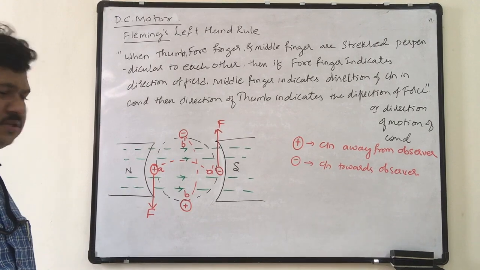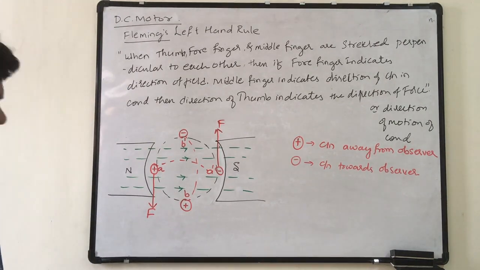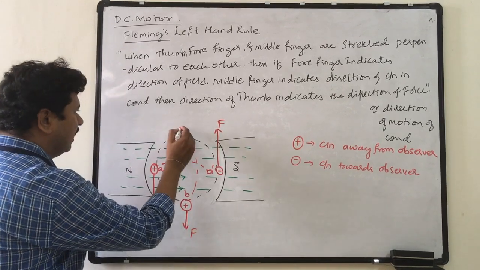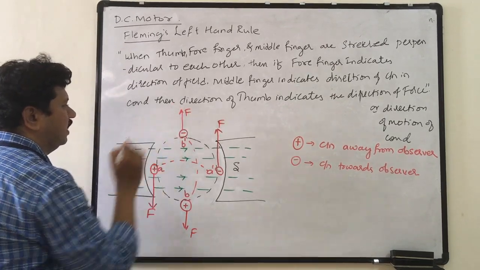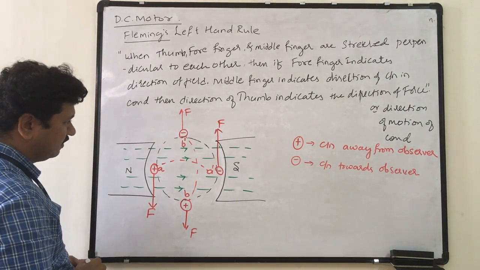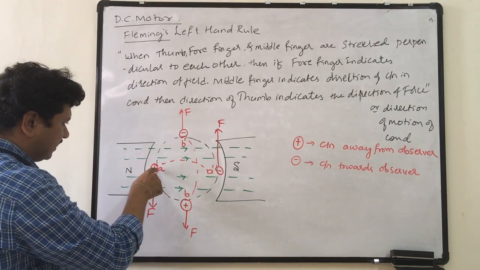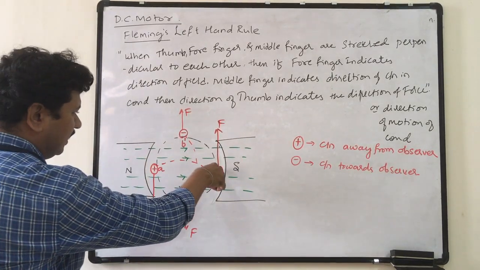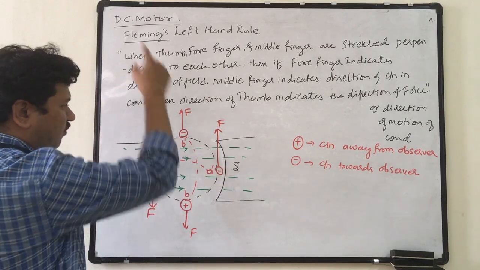Same case with this: with positive conductor current, it will be downwards. F, negative, it will be upwards. Okay, so now observe, this conductor is pushing the rotor downwards, this conductor is pushing the rotor upwards.